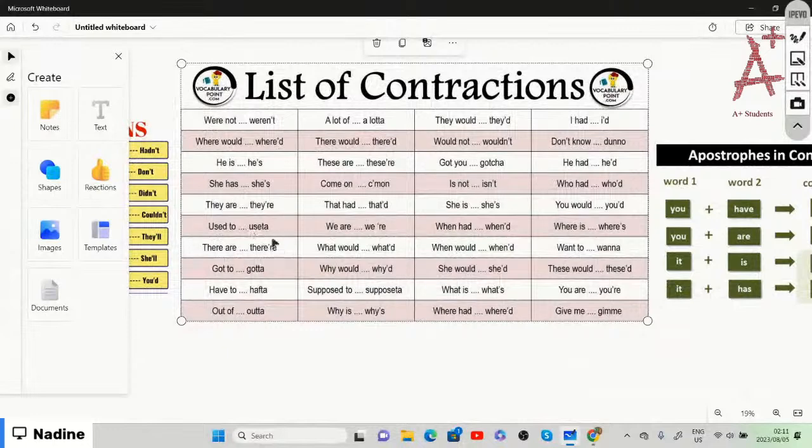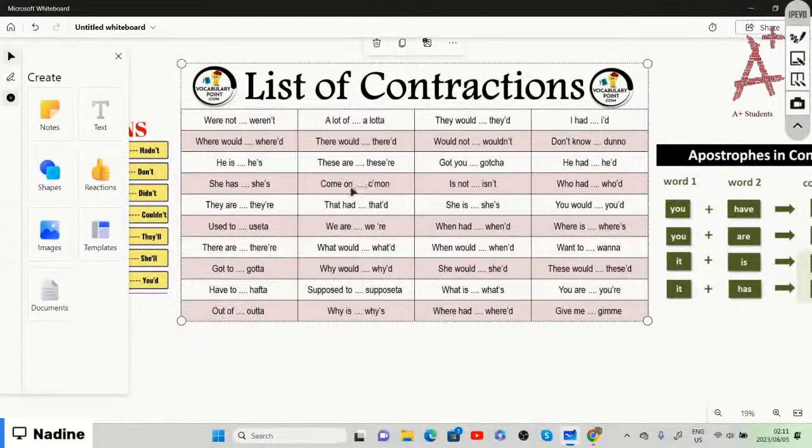But that is not a common one that we use at all, right? Most people, or let's say all of us, just write out the two words, which is used to. They are, they're. Got to, have to. See, even have to, we don't use, right? Out of, outta.